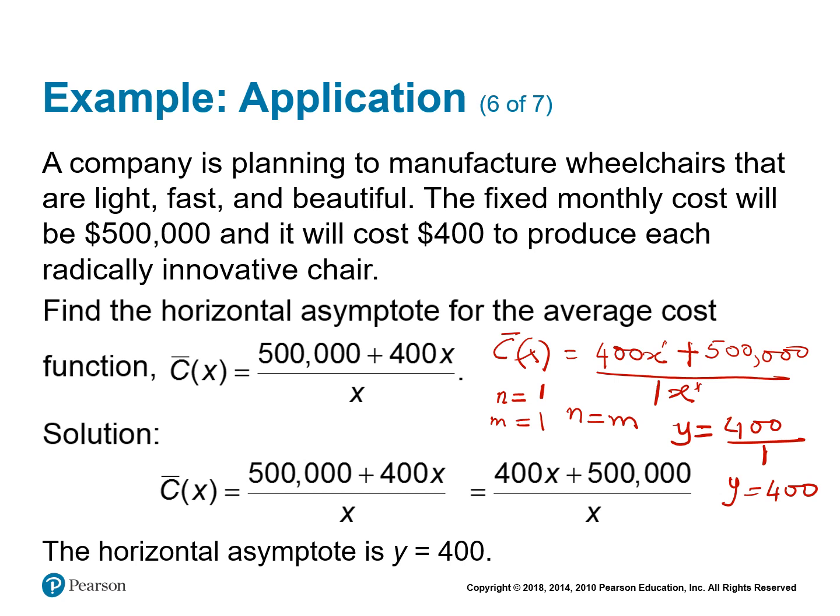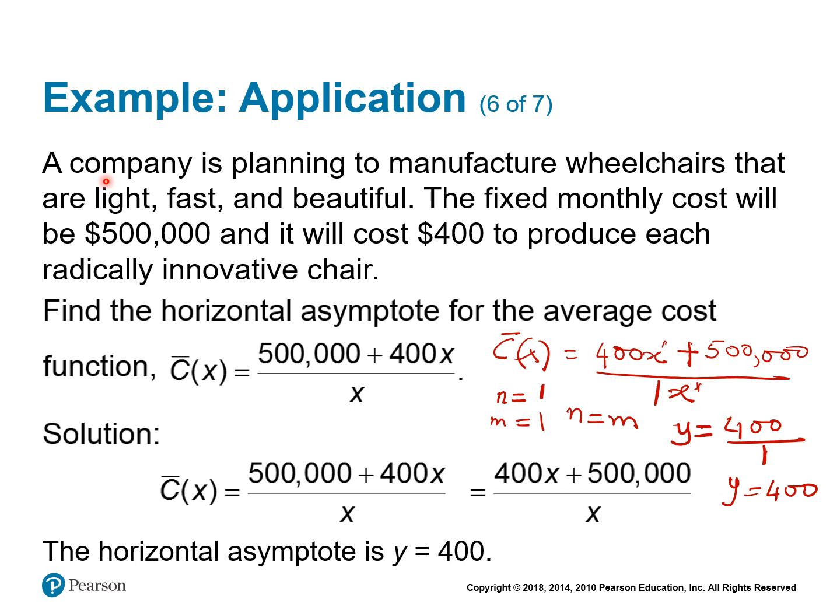Now, what was the purpose of finding the horizontal asymptote in the context of the question? Remember that in the previous parts, we saw that when the production was for 1,000 chairs, the average cost was $900 per chair.